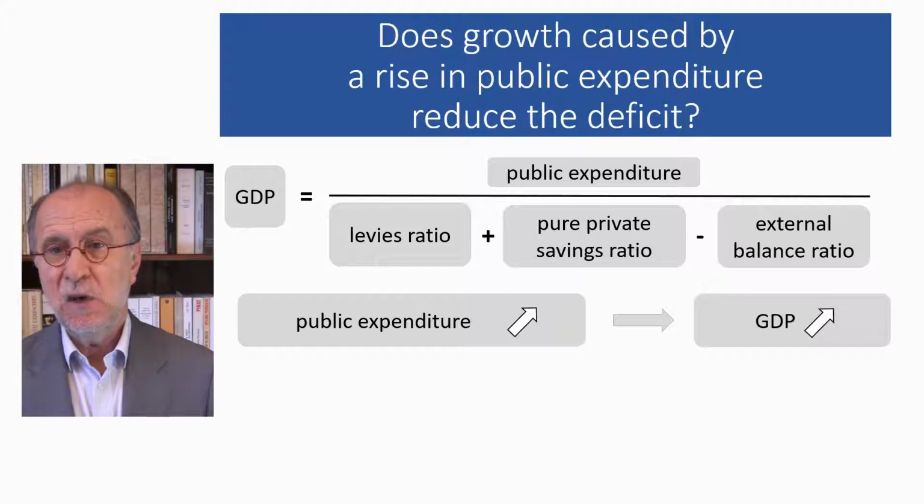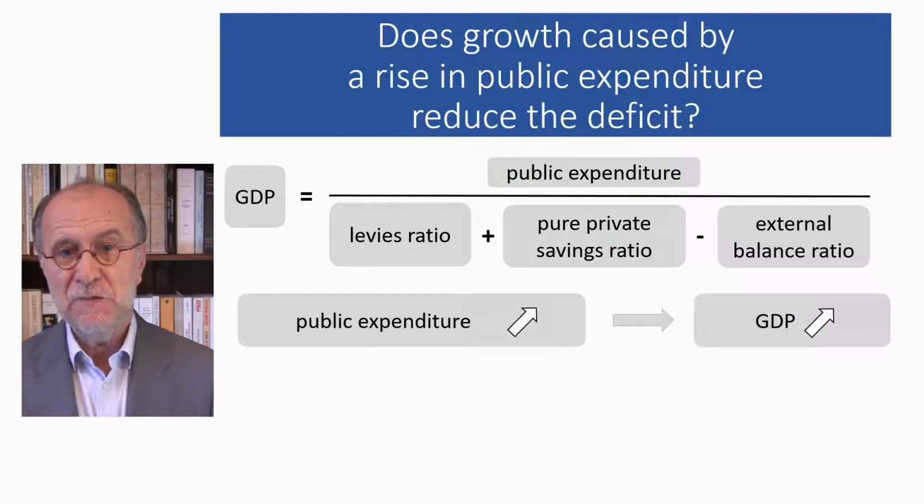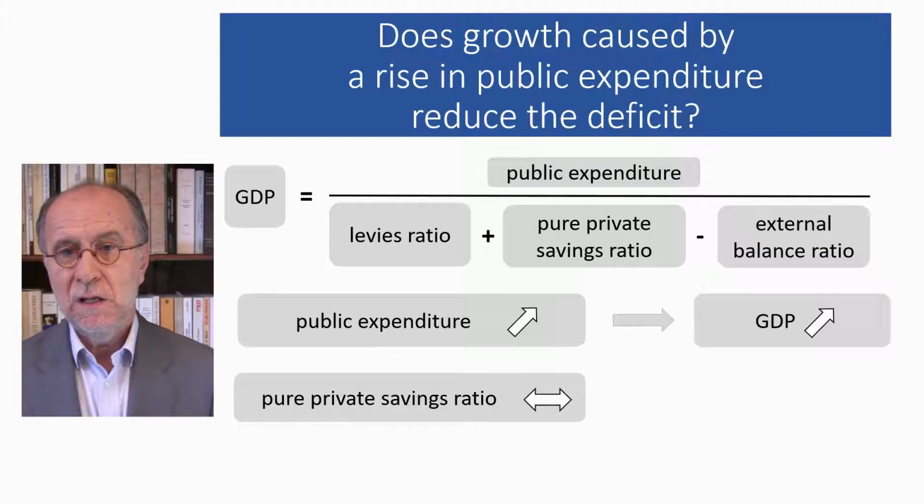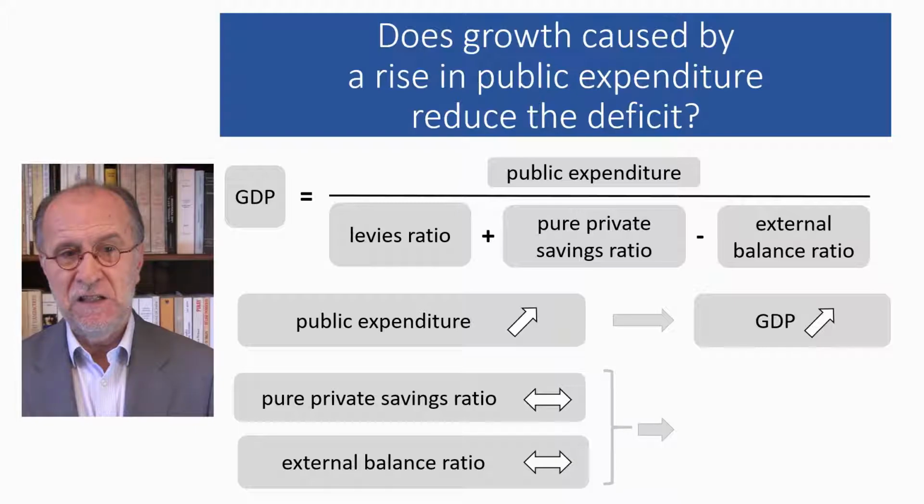But is it accompanied by a higher public balance ratio? Well, if the pure private savings ratio and external balance ratio do not change, we know, as explained in the deficit video, that the public balance ratio will not change either.